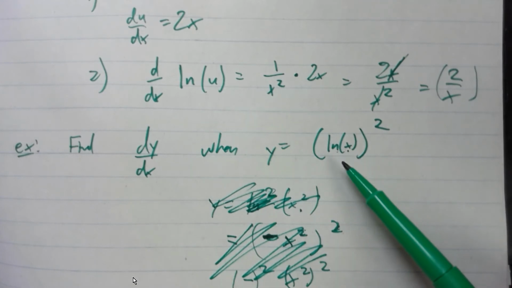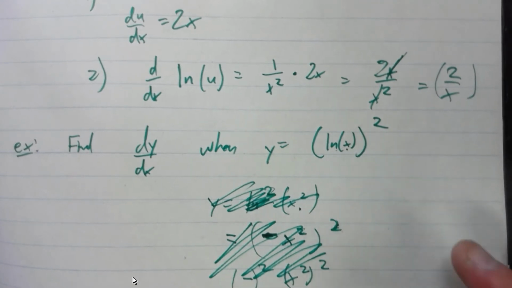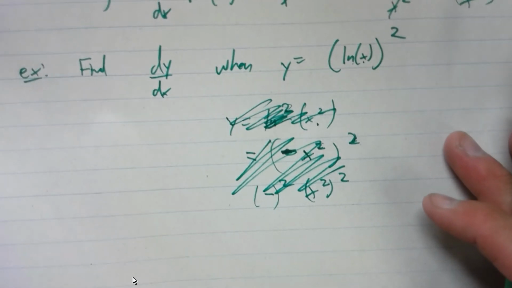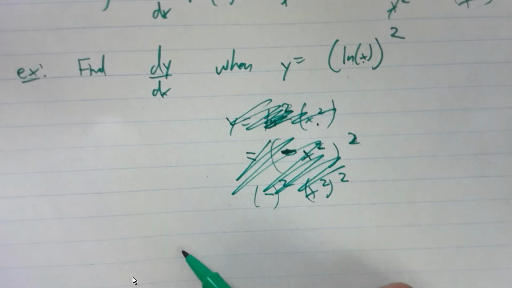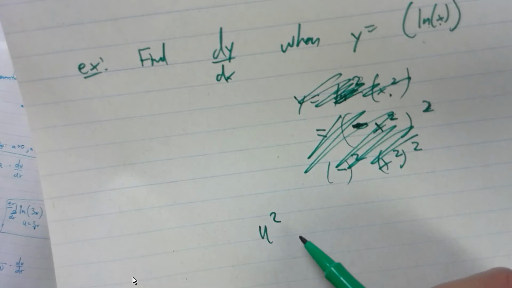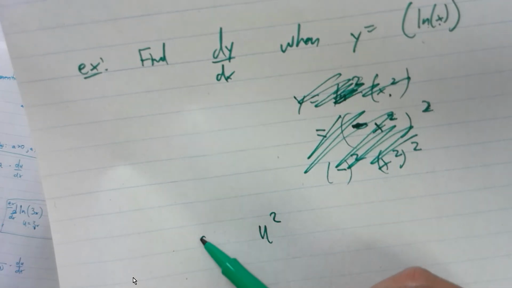Well, let's just treat this as a chain rule. So this one does not follow any of the technical exponential and logarithmic functions yet for the first step. The first step is u squared. And let's see, we have to take the derivative of y with respect to u.